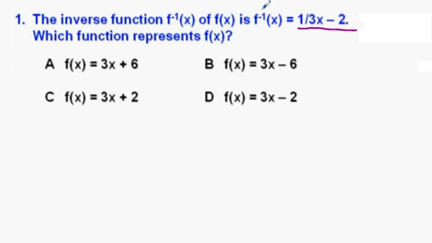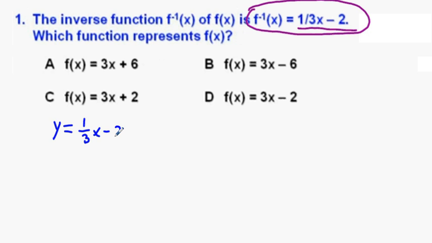But the easiest way would be to take this function right here and take the inverse of this function algebraically and see which one of the answer choices is matched. And so to do that, I'm going to rewrite this function up here as y equals 1/3 x minus 2.